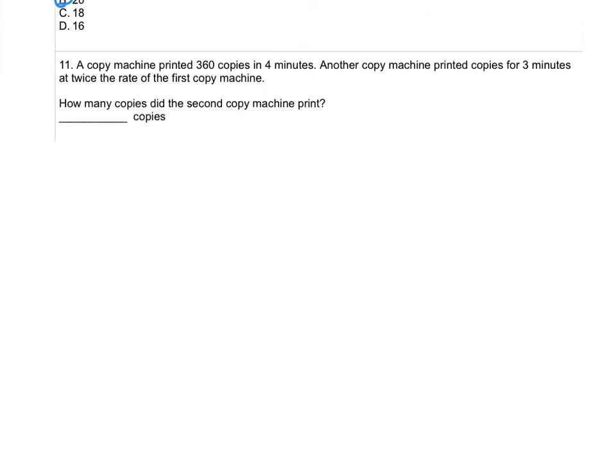Number 11, a copy machine printed 360 copies in 4 minutes. Another copy machine printed copies for 3 minutes at twice the rate of the first copy machine. 3 minutes, twice the rate. How many copies did the second copy machine print? Let's first find the rate. The rate, or the unit rate, is 360 copies per 4 minutes for the first machine.